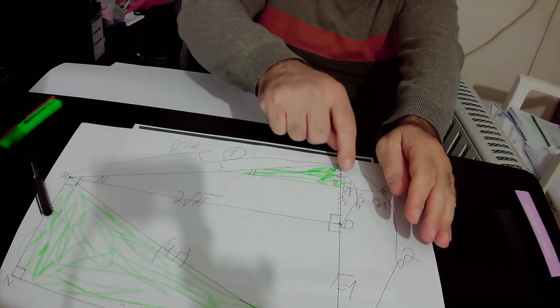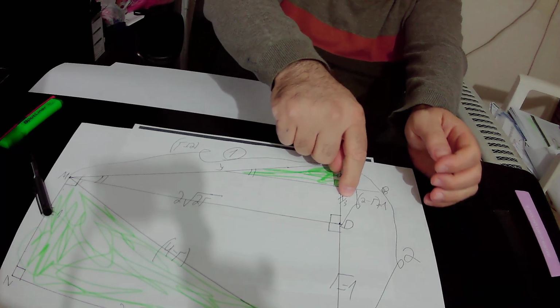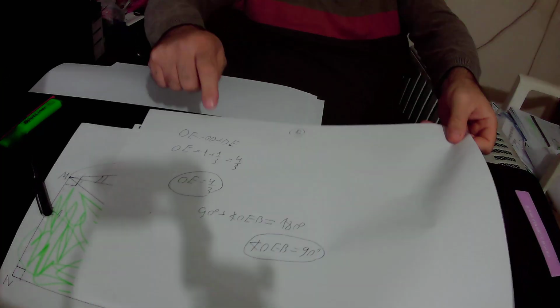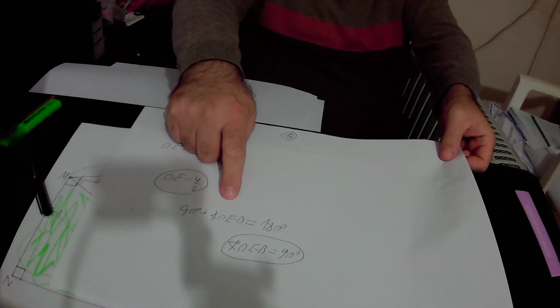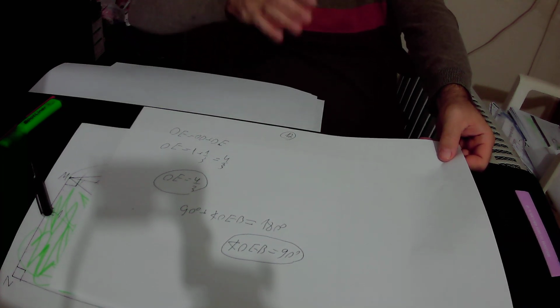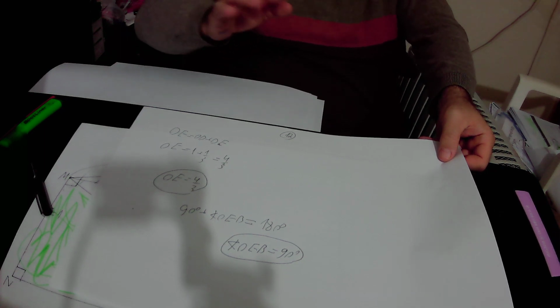That is to say, 90 degrees plus the size of angle OEB must be equal to 180 degrees, according to the rule that the sum of the angles on one side of a straight line equals 180 degrees.